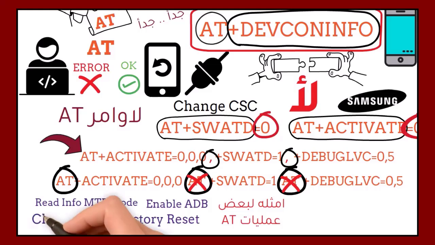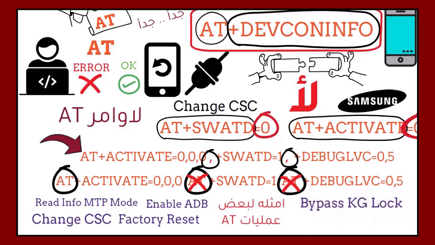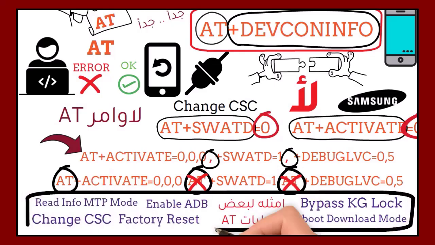You also use them to change the region in the CSC area on Samsung devices, in some operations that bypass KG or Knox Guard protection, and in entering and exiting download mode. In some advanced operations, AT commands are used in some international flashing operations, and this is a simple sample of the operations in which you will need AT commands.